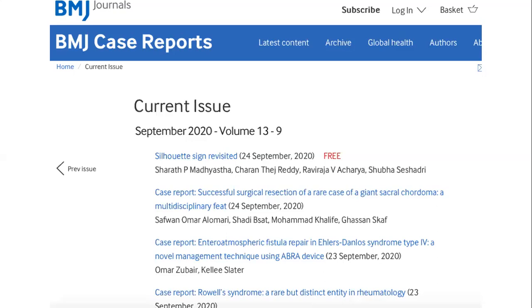But there are certain journals interested in publishing special case reports, because they're also very important, especially if the disease is evolving. It's a very new disease, or an uncommon disease and you don't know how to treat it. Usually, we look at case reports and see how other people have treated that unusual disease.